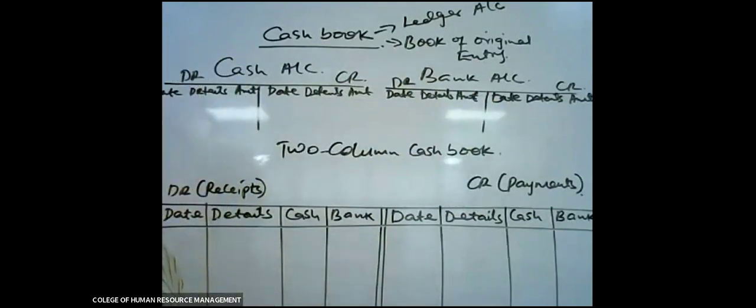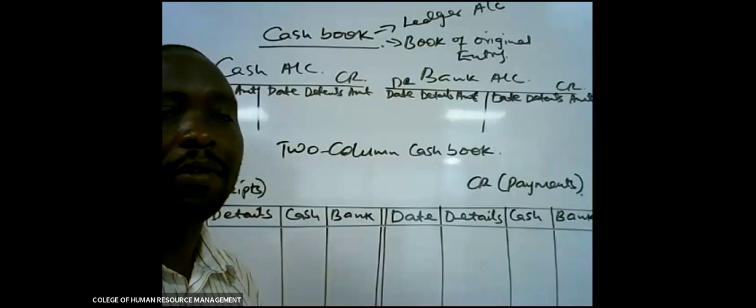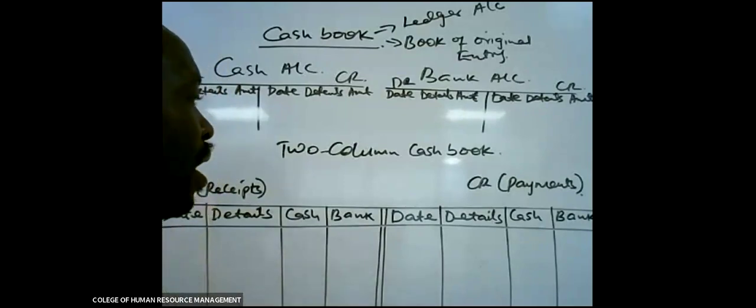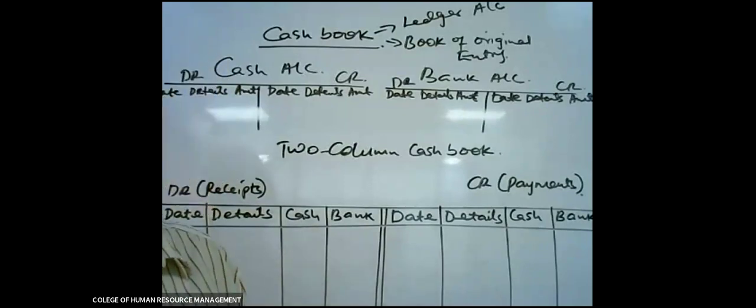Because this is where all the transactions relating to cash and checks are first recorded. This is the first entry for cash and check transactions. So it is therefore a book of original entry as well. So it serves two purposes, as a ledger account and as a book of original entry.